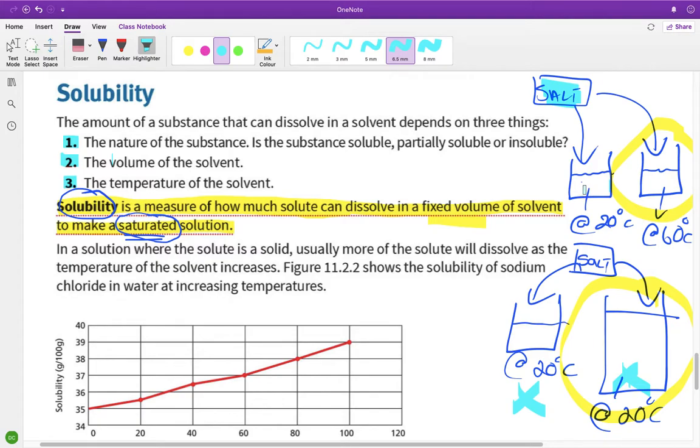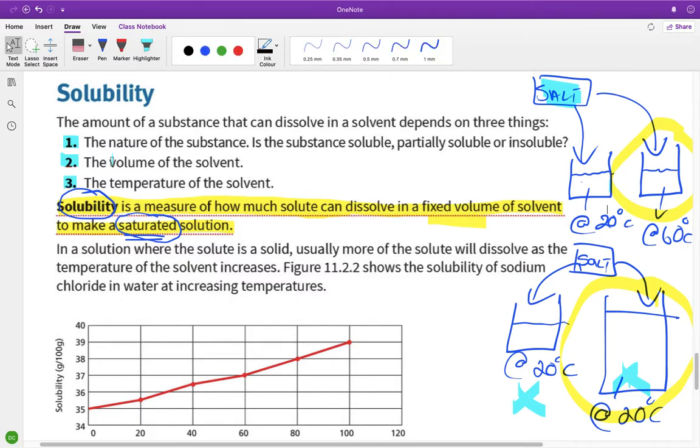If you add salt to water at room temperature and, I don't know, boil the same amount of water and add salt, you'll be able to add an awful lot more salt to the hot one. Okay, so temperature of the solvent, which in my little example is water. So they're important, the three things that affect solubility.